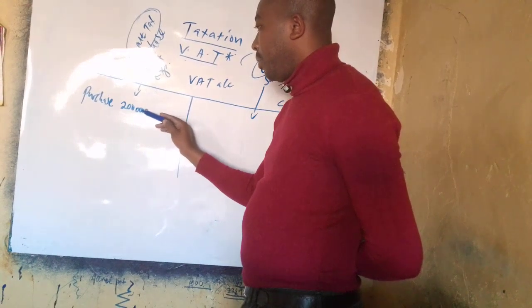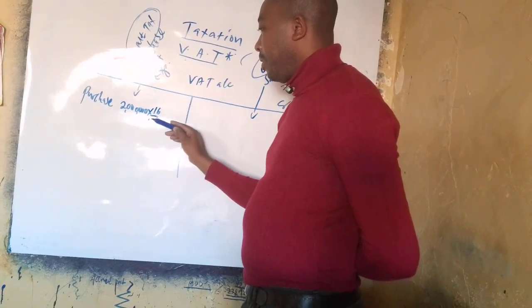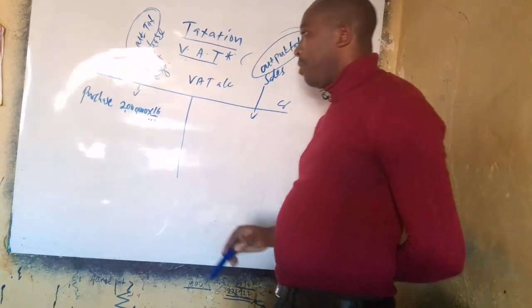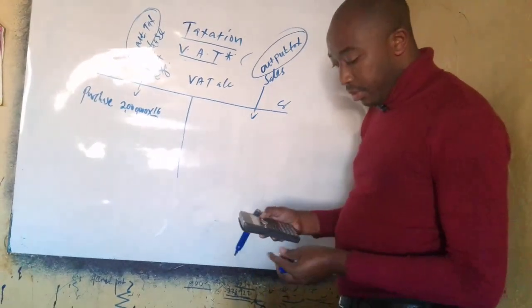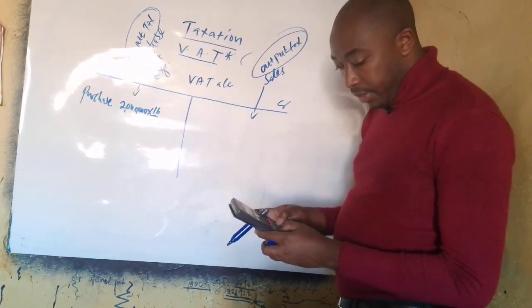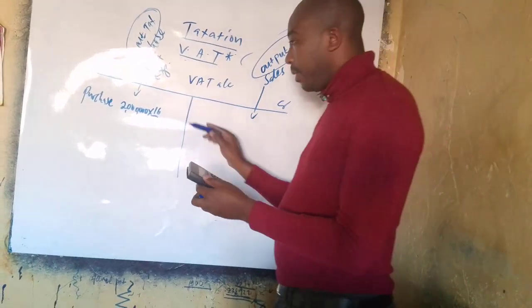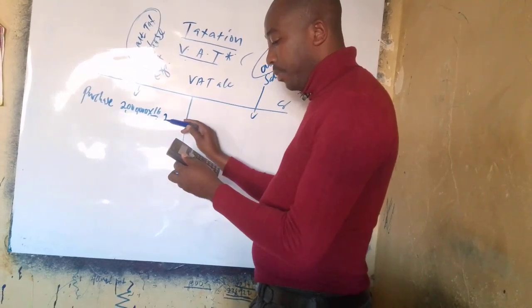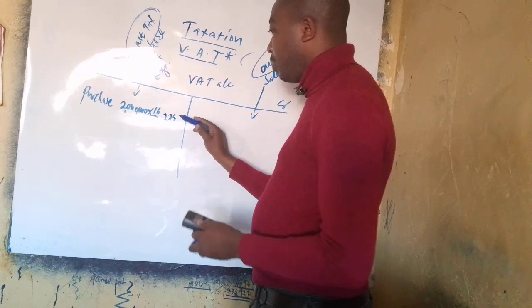You come here and record that 2 million. We are assuming it is inclusive of VAT. We multiply by 16 over 116. We get around 275,862.